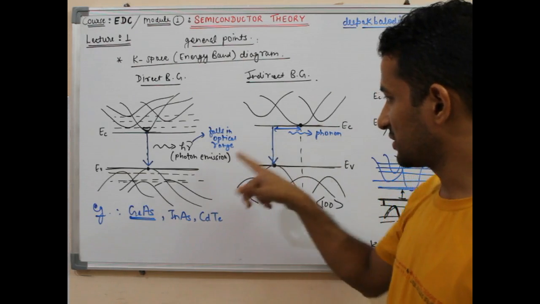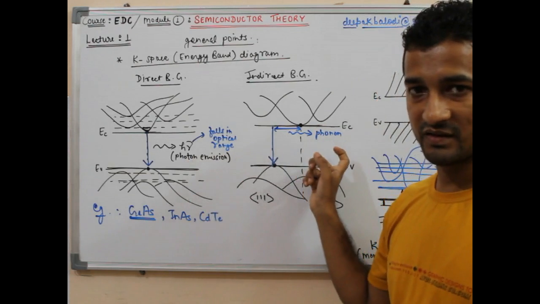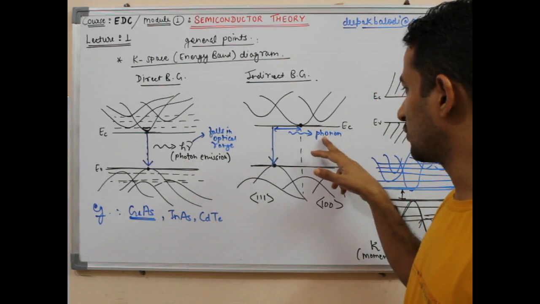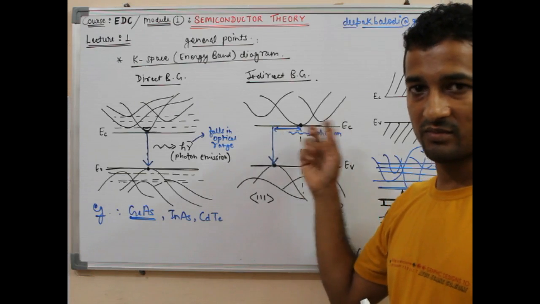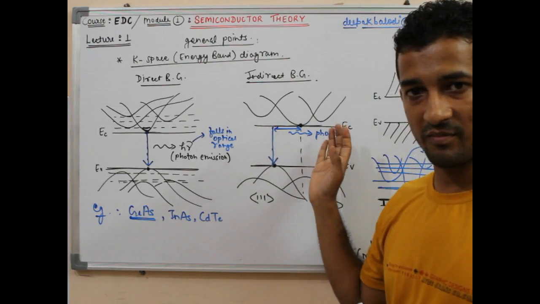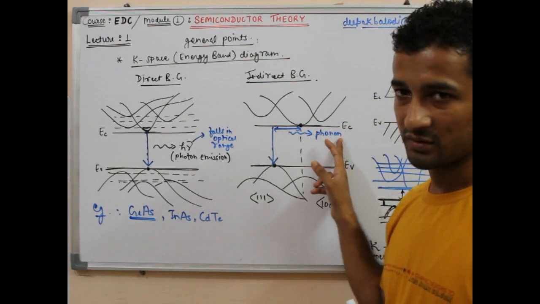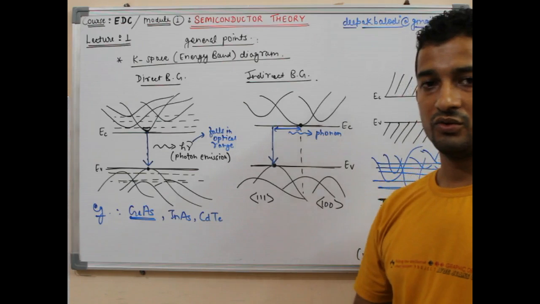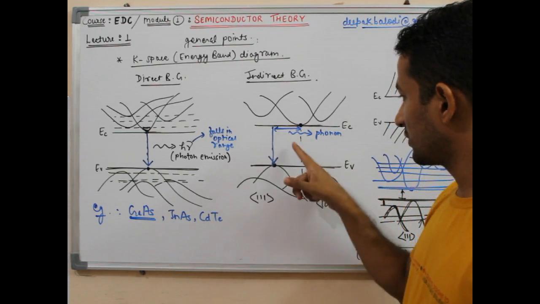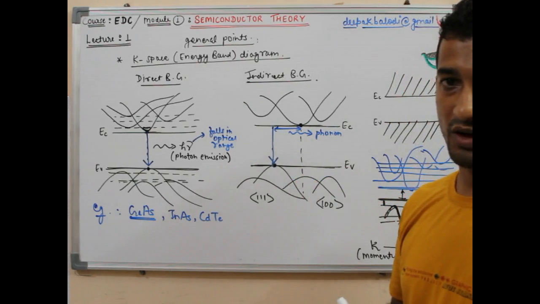So there is no such particle like photon here. Hypothetically, again, we assume that due to this difference of momentum, there is an emission of a particle called phonon. So with that we can conclude that there is no photon emission.